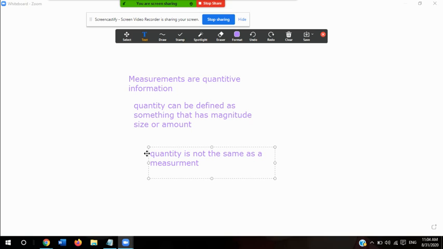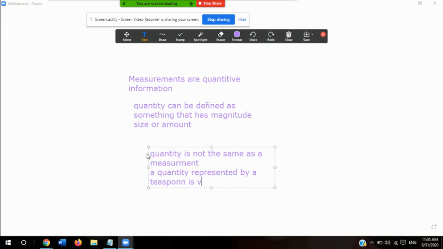Okay, so a quantity represented by a teaspoon is a measure of volume, or is volume.